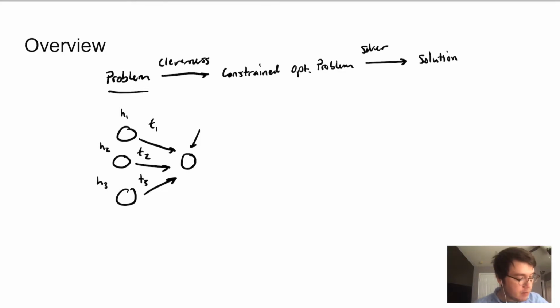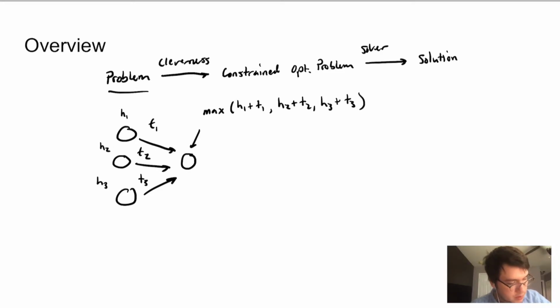Then the time of this node can be easily assigned as the maximum over H1 plus T1, H2 plus T2, and H3 plus T3, because it has to occur after all three of these gates have finished.